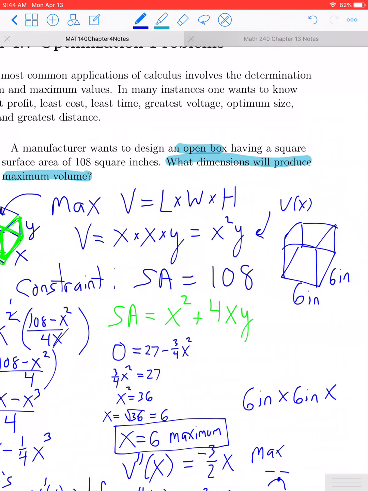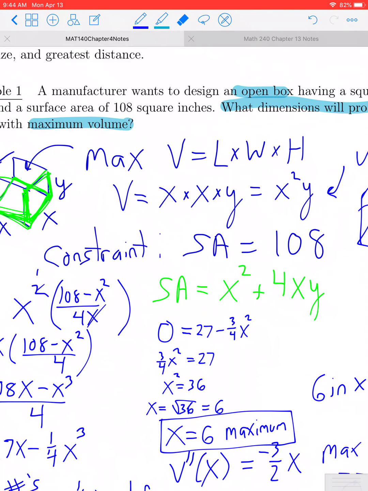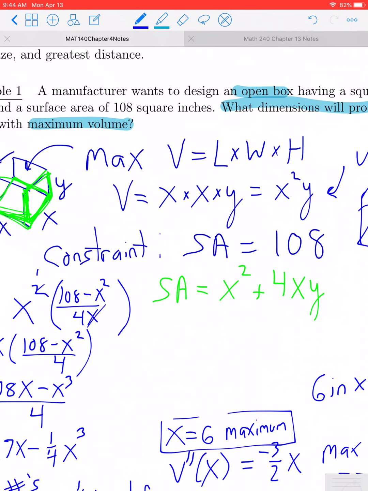But we also need to say what the height would be. And we can do that by going back to wherever we defined y in terms of x. I've erased it, but if you go back to our equation, when we solved the constraint equation for y, we said that y was equal to (108 minus x squared) divided by 4x.